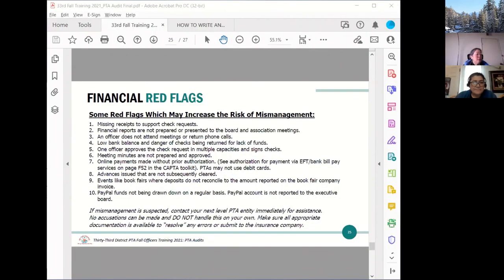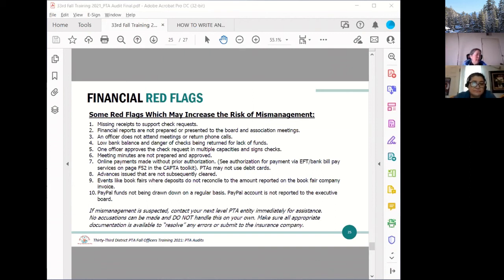Emmy, you want to toss up slide 25? This doesn't necessarily have to do with the procedure of doing the audit, but it might help you know what to pay attention to and zero in on.